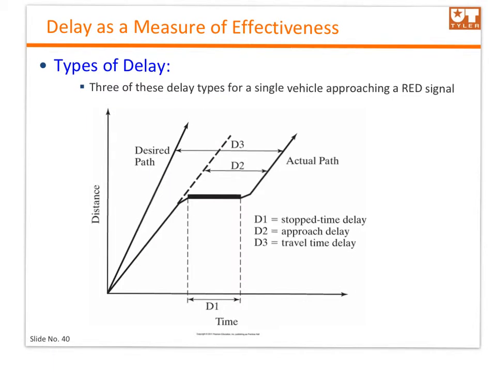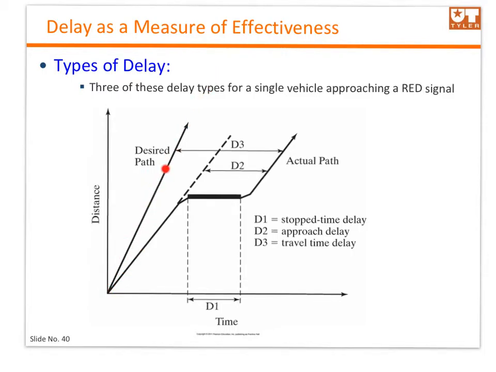This is a schematic to show at least three of these delay types for a single vehicle approaching a red signal. As you can see, the x-axis is time and the y-axis is distance, and this line shows time versus distance if the light is green and the vehicle goes through the intersection very smoothly.